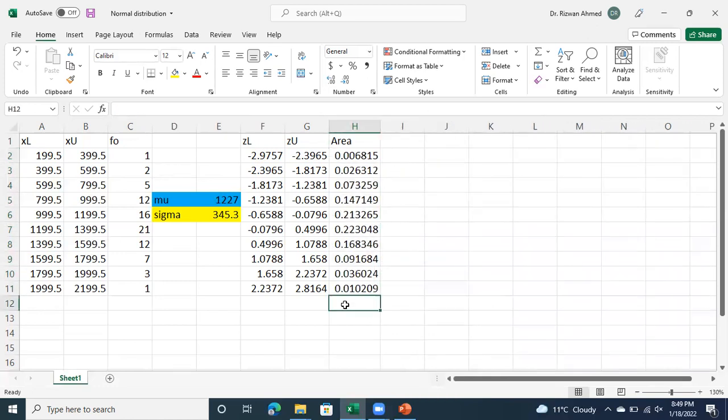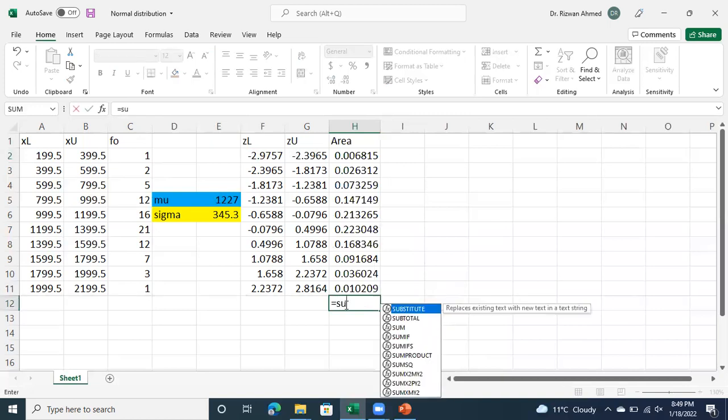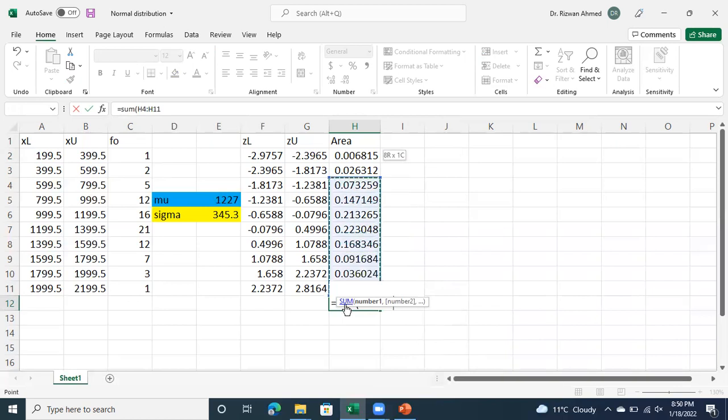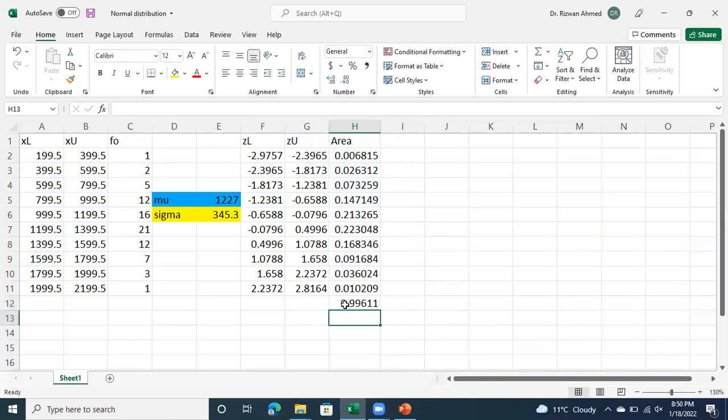So if we compute the total area, this should be equal to 1. It's very close to 1.